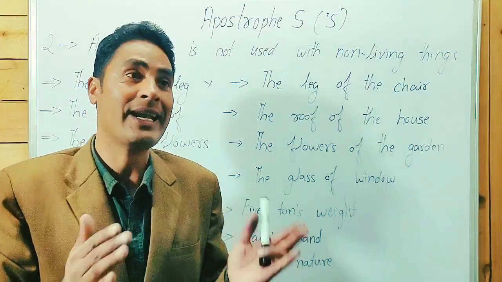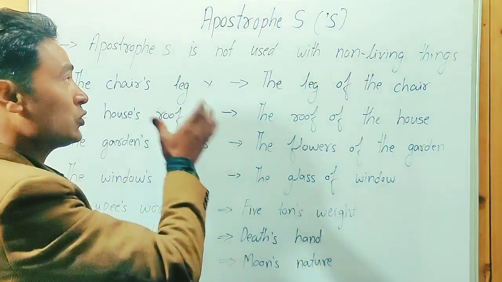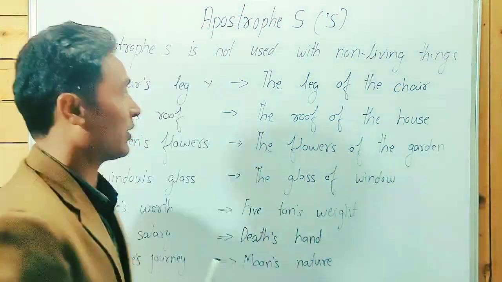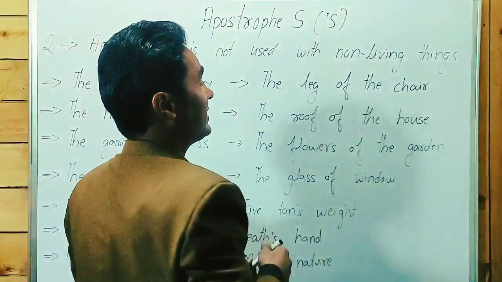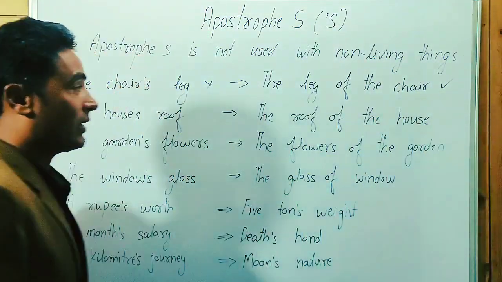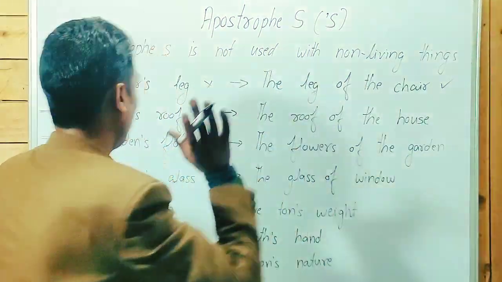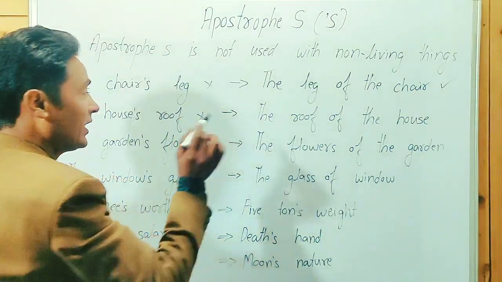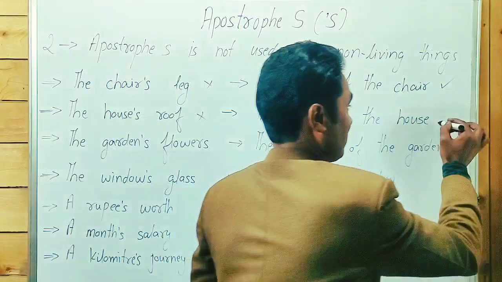Not 100%, in 99% of cases, but in 1% of cases we can use apostrophe s with a non-living thing. I will explain why later. The leg of the chair is a correct phrase. The chair's leg incorrect, the leg of the chair correct. The house's roof incorrect. The roof of the house correct.